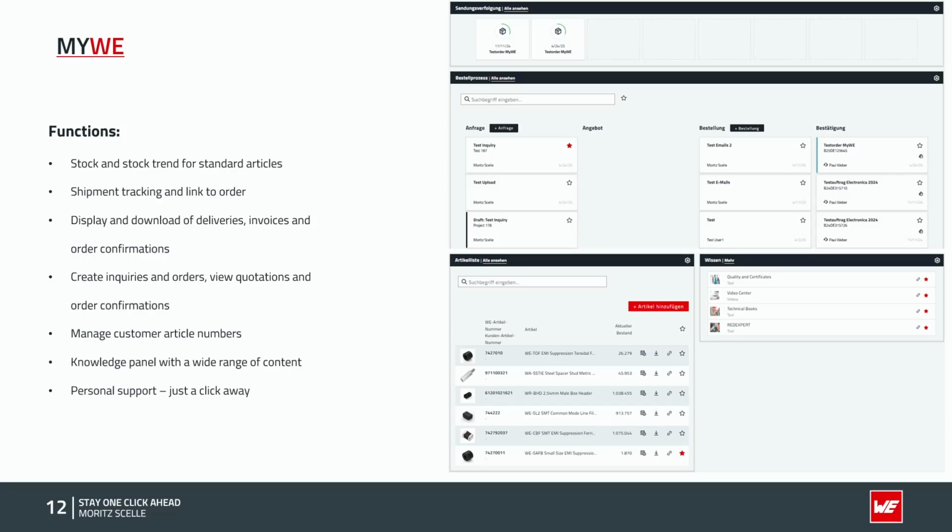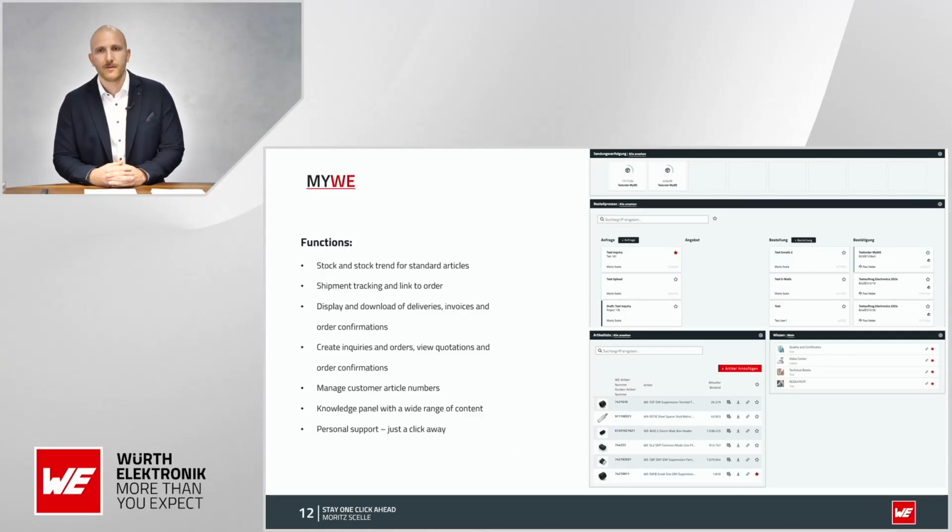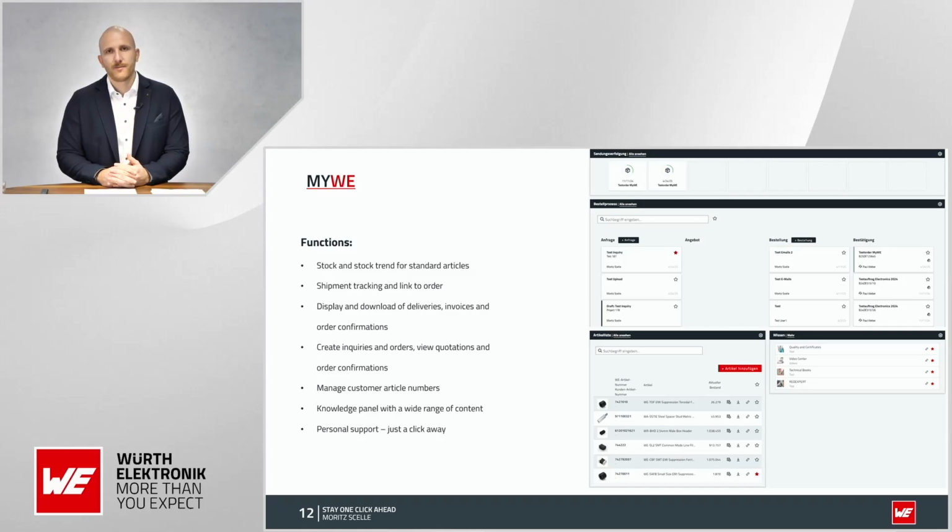We have order processing, we have an article list, and we have knowledge. And as mentioned, the main target was to provide design-in engineers, but also procurement and buyers, an always up-to-date information level.